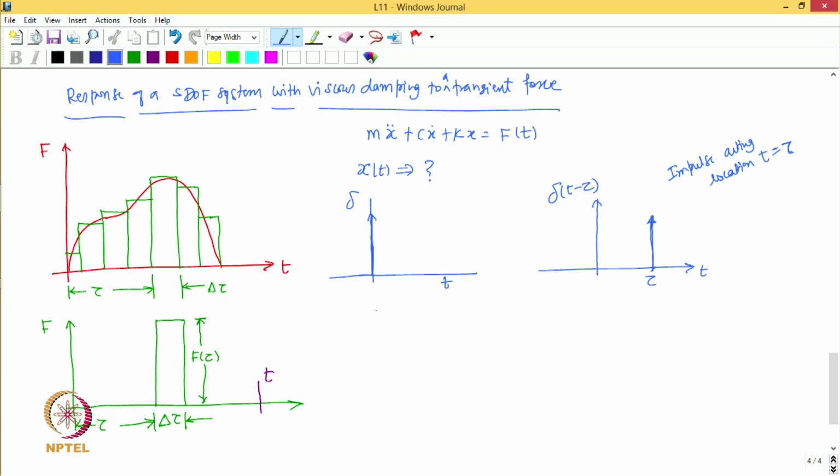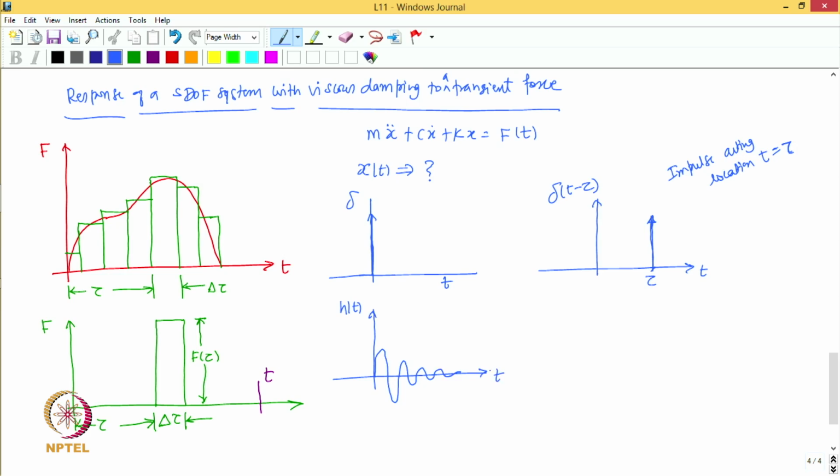So, similarly, if I look at the response, then the response which is created, right. So, h of t was the impulse response due to delta of t, we showed that this is going to be something like this, right.